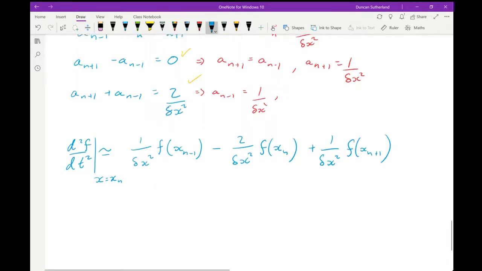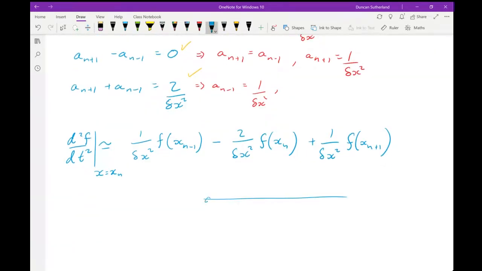So that tells us how we combine these 3 points. It doesn't tell us what f is, it just tells us how we add them up. So this is n minus 1, this is n, and this is n plus 1.